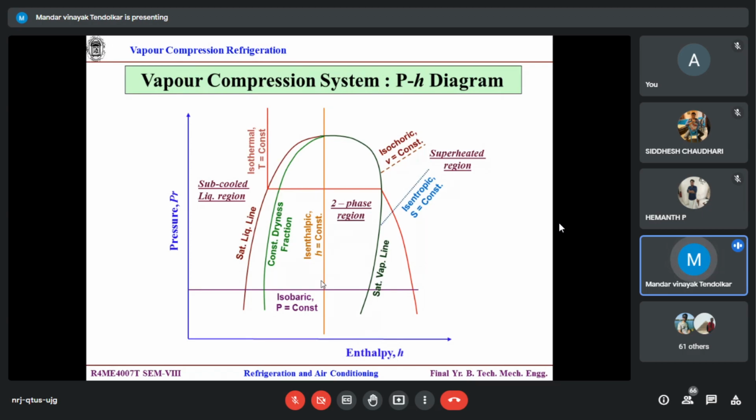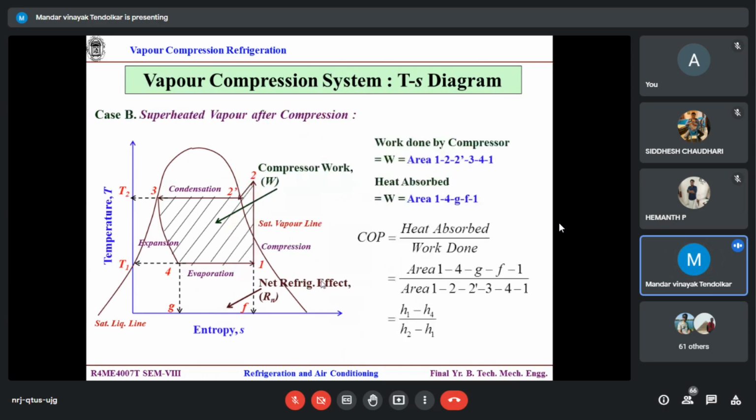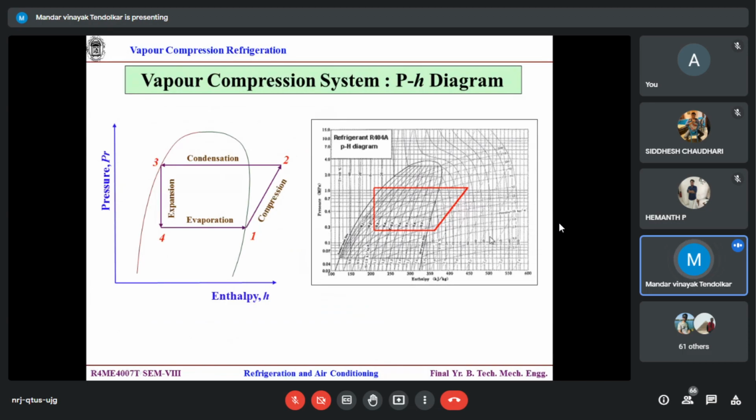I need not worry whether it is superheated or not, still the pressure is the same, constant. And these are the dryness fraction lines, so x equal to 0.1, 0.2, 0.3, and likewise. Now we will try to shift our TS chart, whatever we had just seen, these three cases, into the pH version.